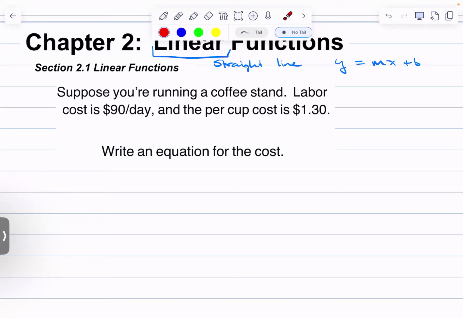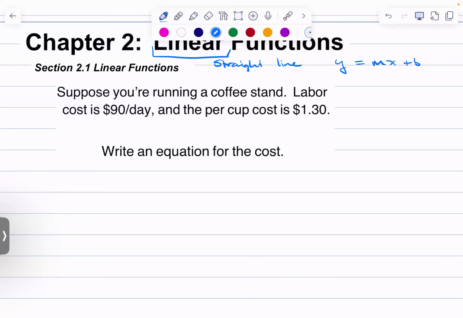But suppose you're running a coffee stand. The labor cost is $90 a day. You still have to pay whoever's working there $90. And the per cup cost is $130. So we've got these costs, and of course, ideally, we make some revenue, but we're not talking about that aspect right now.